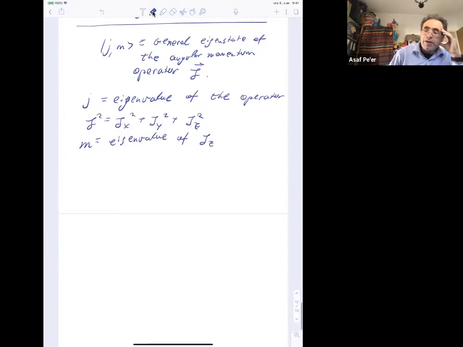So the question is, what happens when trying to combine two such states?